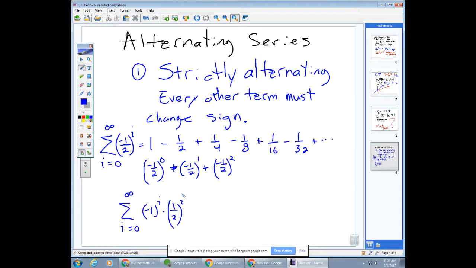So if the series is strictly alternating, we should always be able to separate the alternating part from the positive part. And then what we do from there is we analyze the non-negative part right here. So if I then focus on this non-negative part, I can then tell you some things about what's going to happen. So this is the non-negative portion.